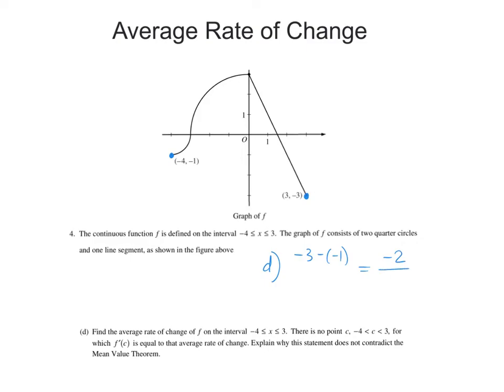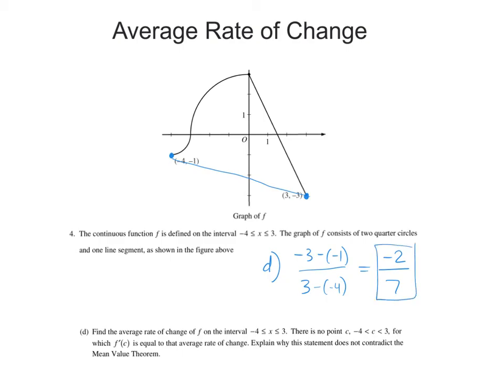But just to put it into formula, I'll lay it out in the slope formula. And that happened over an x increase from negative 4 to positive 3. So that's 3 minus negative 4, which is 7. So I dropped 2 over the course of 7 steps, and as you can see, this is simply a slope. This is the average rate of change of this function.